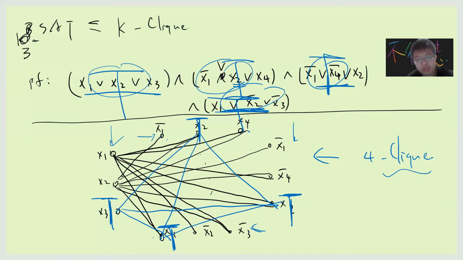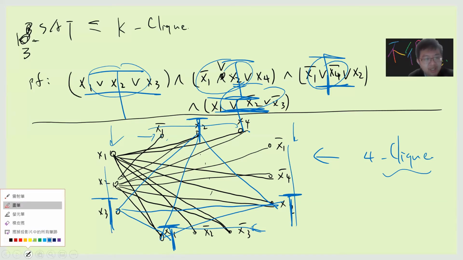If you make this assignment true, then this one will be true. So you can simultaneously make everything true without contradiction. If you have m clauses, then you just ask whether there's an m clique.